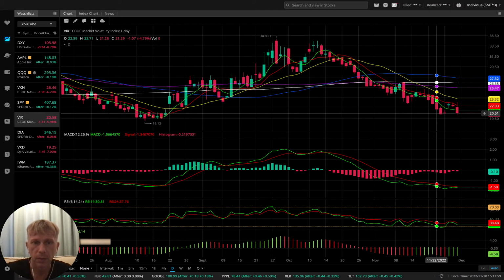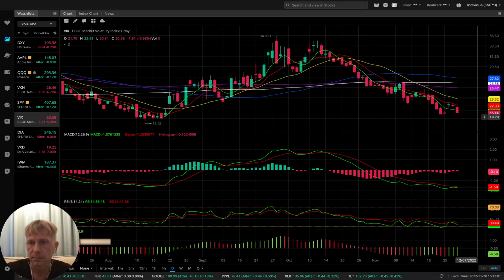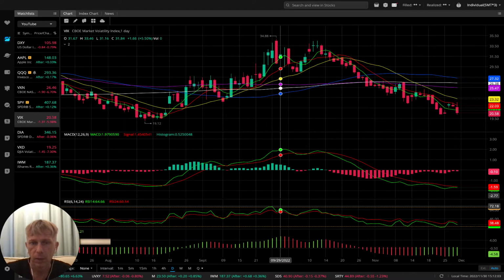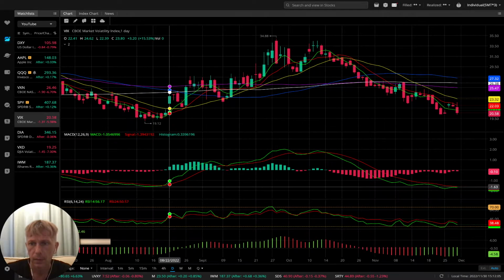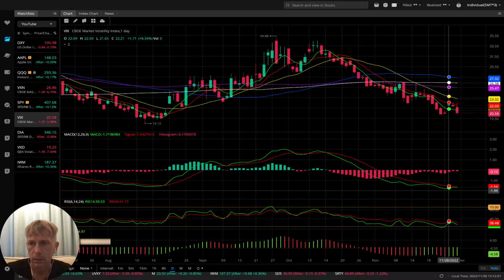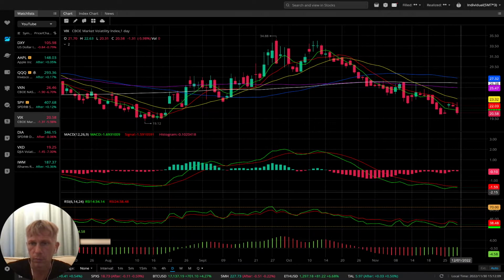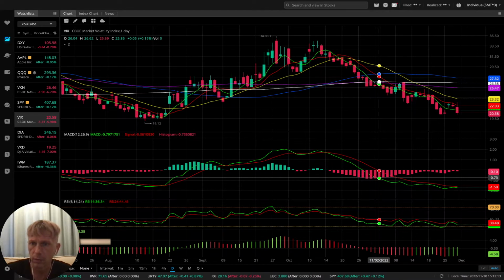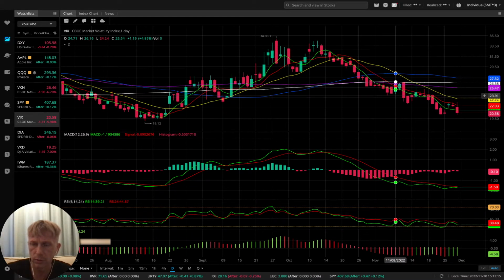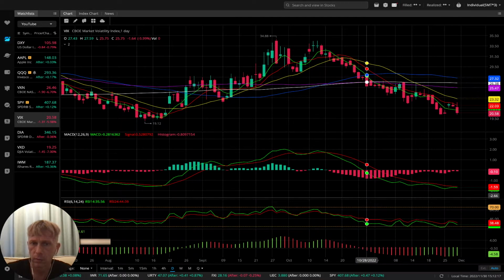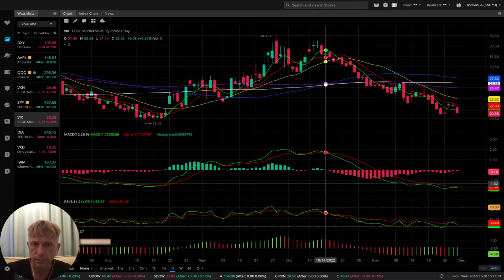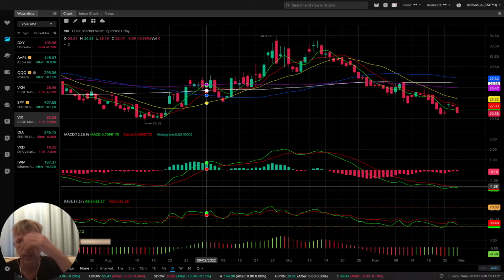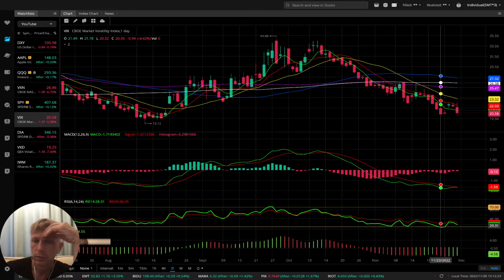Looks like it's a bottom, right? It's building a bottom. Still a bearish trend with bullish divergence, right? Histogram, look at it. Bullish divergence. It's building bullish divergences on RSI.